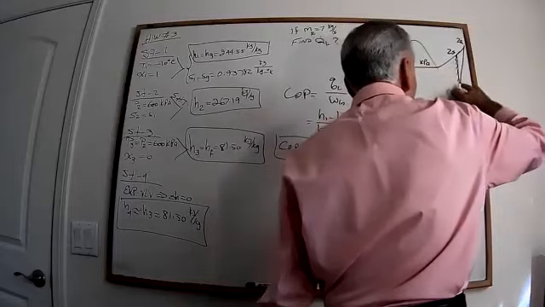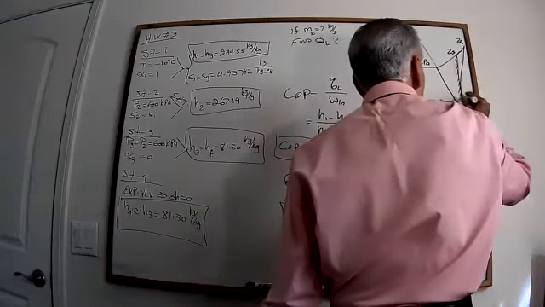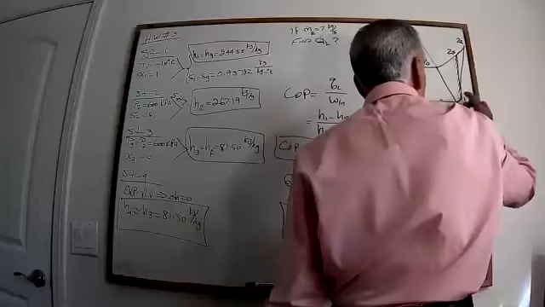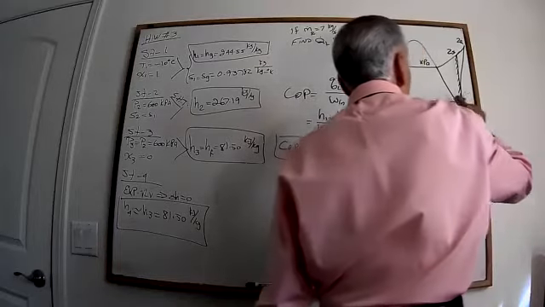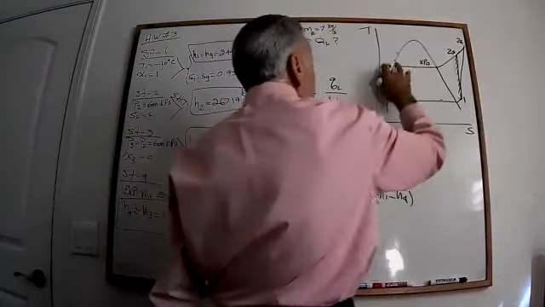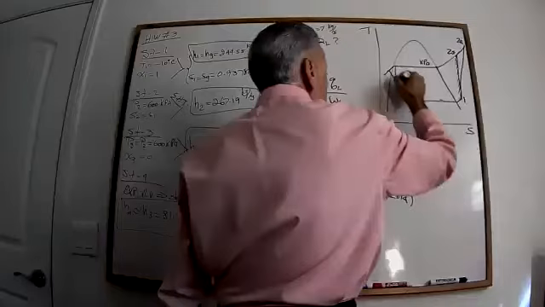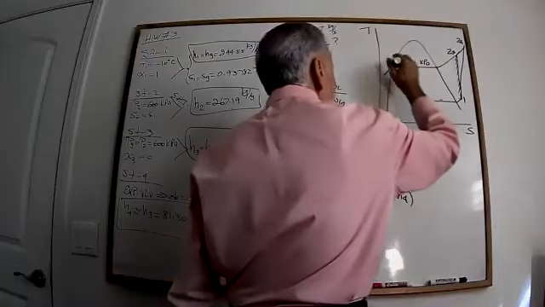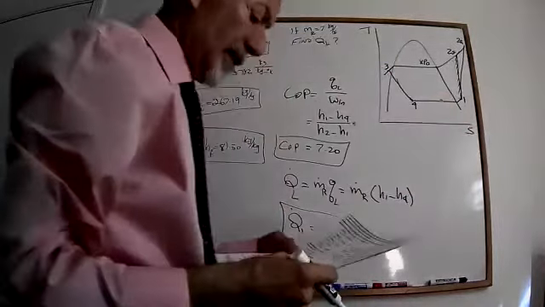Now, point 1 is located in the superheated region. So is point 3 located at compressed liquid. So now that's the TS diagram.